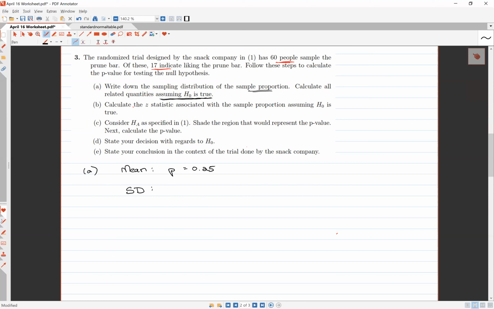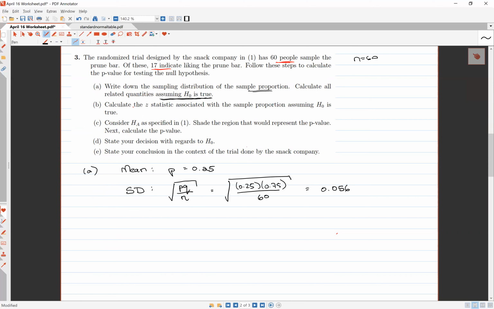And the standard deviation for a sample proportion is square root of PQ over N. So in this case, square root of 0.25 times 0.75. And what is our sample size here? We're taking a sample of 60 people. So if we go and evaluate this, 0.25 times 0.75 divided by 60, and then I take the square root, that gives me 0.056.